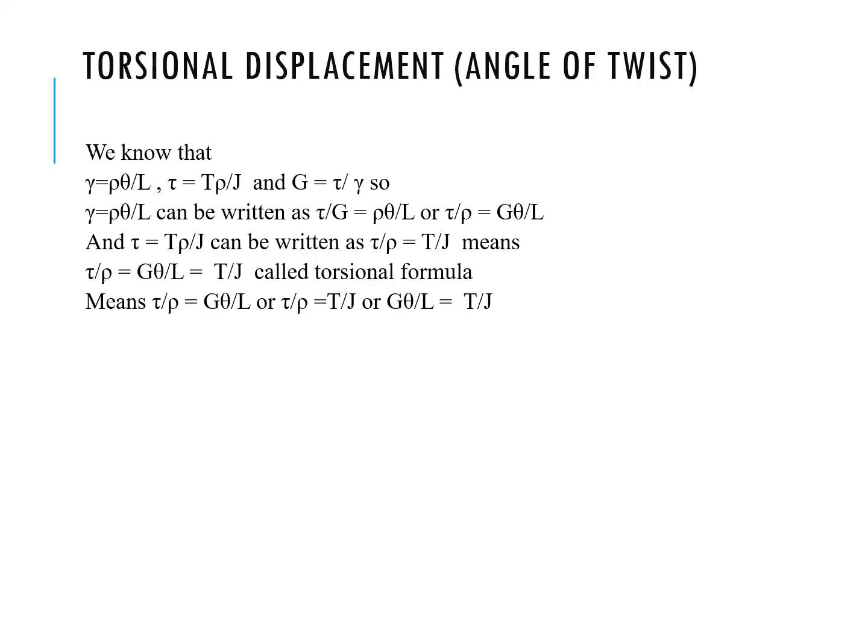This formula is very important, and from the relationship G theta over L is equal to T over J, we can write theta is equal to TL over JG.